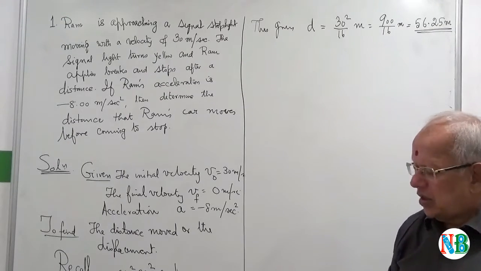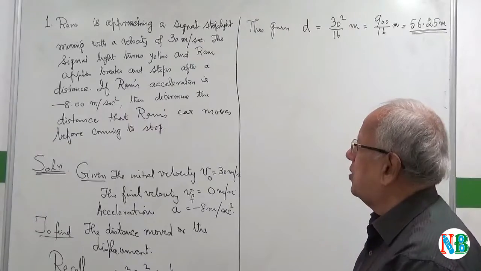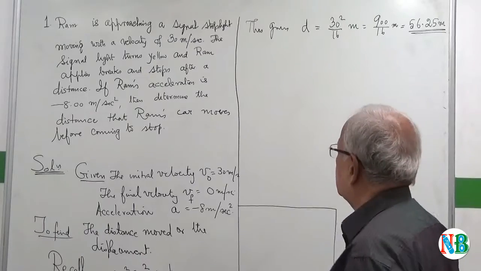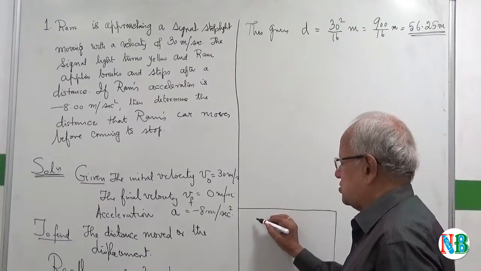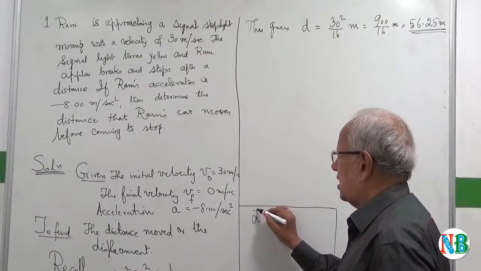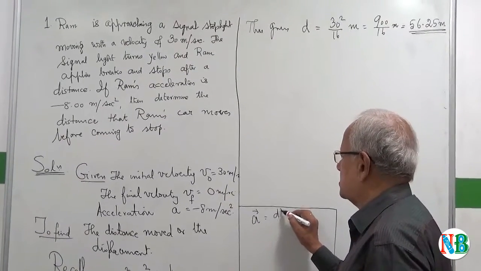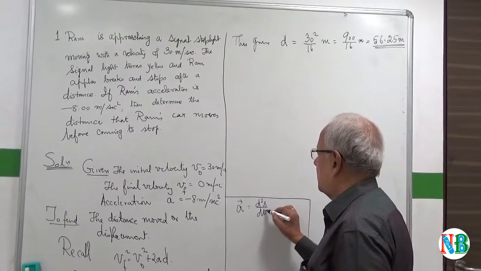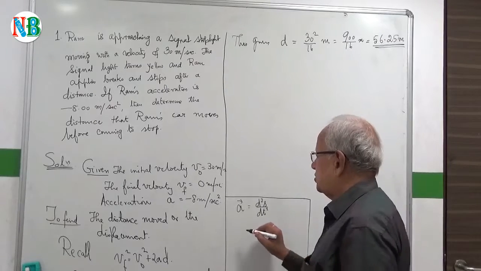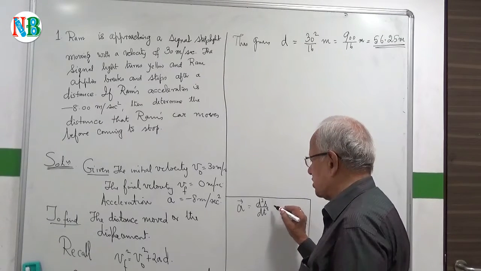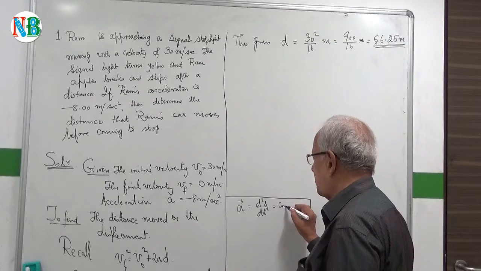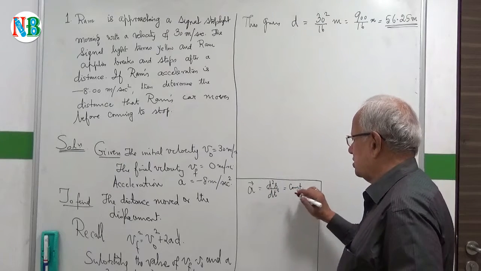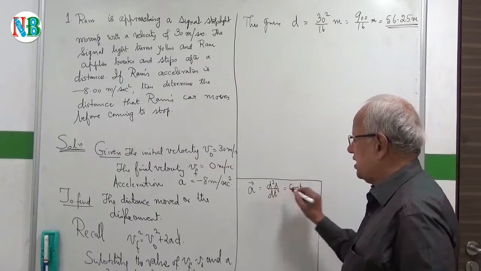Any problem on kinematics, you just have to recall these fundamental equations, right? The basic thing is you start with this differential equation, acceleration is d square s by dt square, where s is the distance traveled. If it is a constant uniform acceleration, which we are given, d square s by dt square equals a constant. So a is a constant.